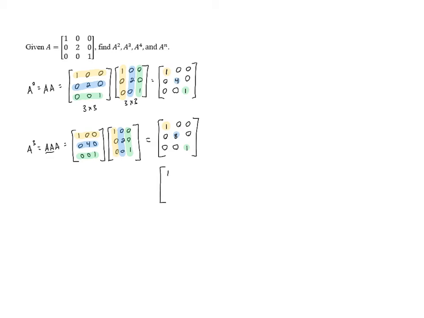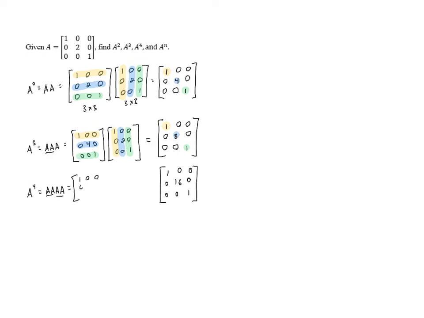Well, the next one ends up being 16. These middle entries are effectively the powers of 2, which we can already start to see by looking at the patterns that we've established. If we wanted to figure out what A to the 4th was, it's A times A times A times A, which is A squared times A squared.